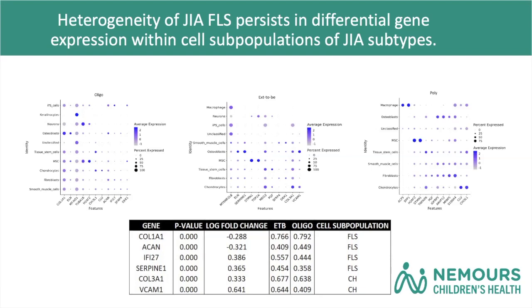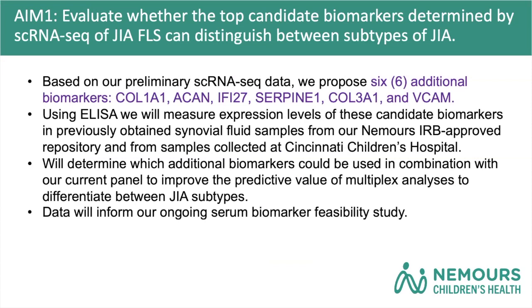Next slide, please. Based on our preliminary single-cell RNA-seq data, we propose these 6 additional markers. Using ELISA, we will measure the expression levels of these candidate biomarkers in our synovial fluid samples, both from the Nemours cohort and the shared external Cincinnati cohort.